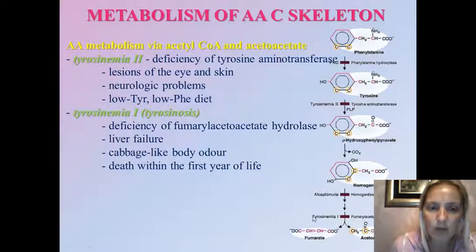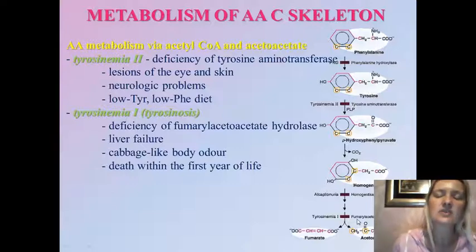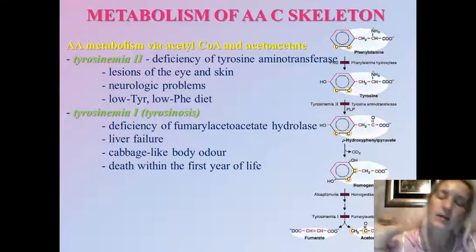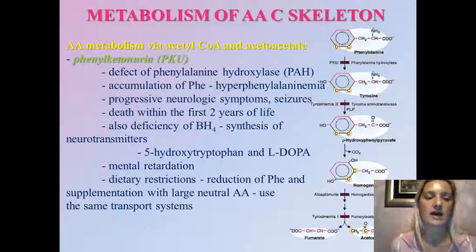Tyrosinemia type 1 or tyrosinosis arises as a consequence of deficiency of fumarylacetoacetate hydrolase, and it tends to result in liver failure, cabbage-like body odor, and death within the first year of life.